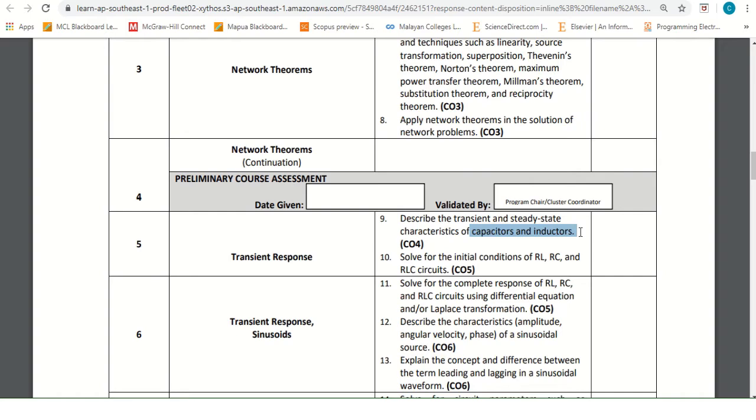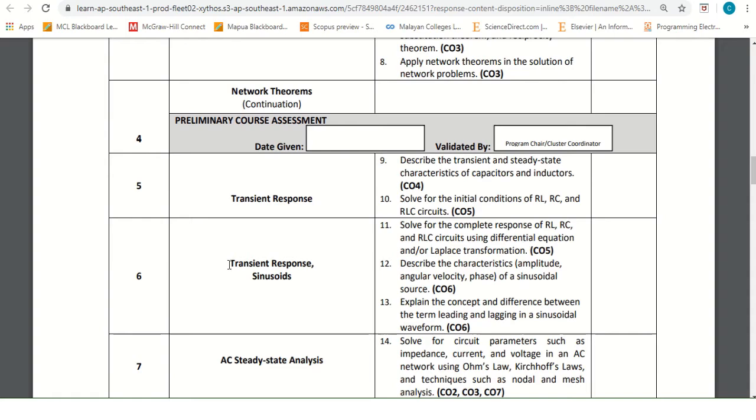So the inclusion of these elements alters the behavior of electric circuits, where now we will be dealing with what we call the transient behavior of these circuits. So we will cover RL, RC, and RLC circuits under this week.